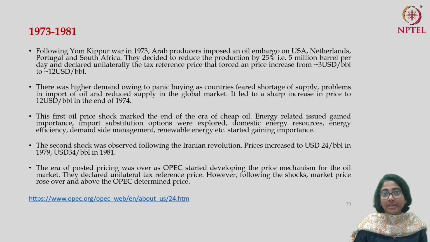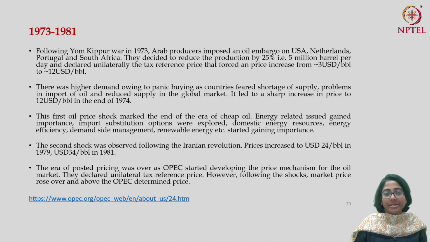It increased further, and in 1981 the price was 34 dollars per barrel. So from 1973 to 1981, the increase in price was from 3 US dollars per barrel to 34 US dollars per barrel. This was something unprecedented.